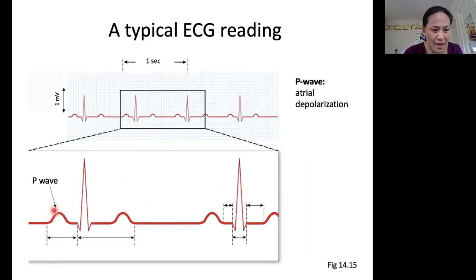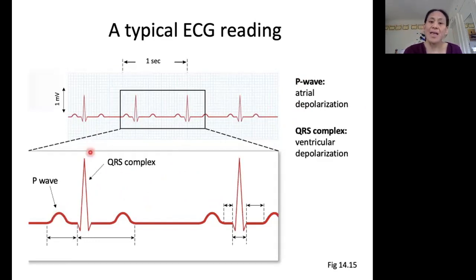First we have this little blip. We call that the P wave, and the P wave represents atrial depolarization, the depolarization of the atria. Next, we have the QRS complex, which is actually made up of three separate waves, the Q wave, the R wave, and the S wave, but they all squish together in the same time.